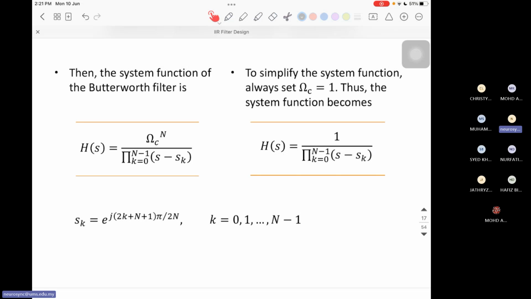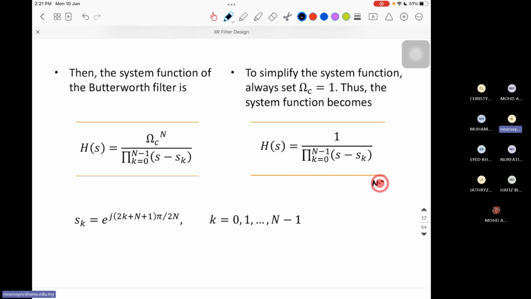Okay. This K will go from, the number of poles are basically equal to the order of the filter. If it is second order, then I will be having 2 poles only. Correct. So I will be having 2 poles. This K will go from 0 to n minus 1.